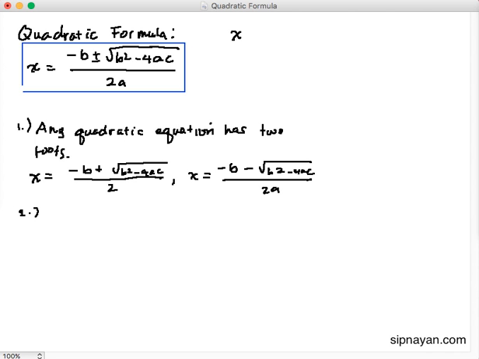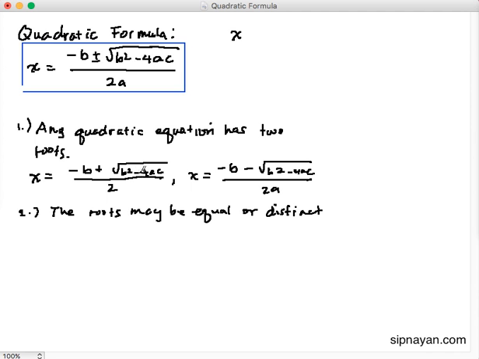So, number two, we have the roots may be equal or not, or may be equal or distinct. So, kailan kaya siya naging equal?